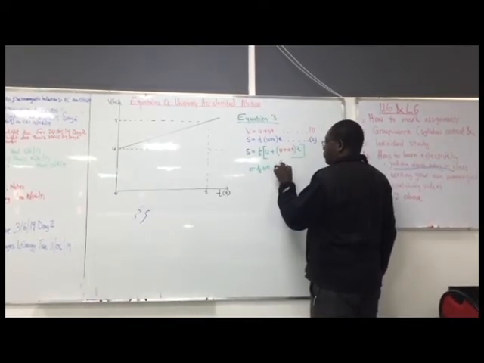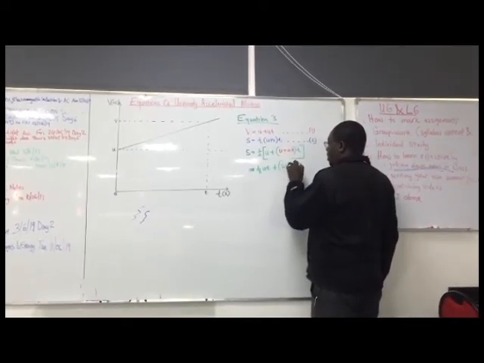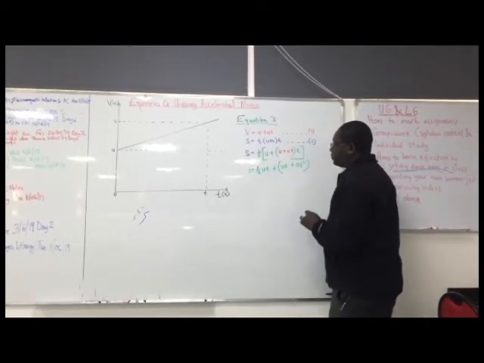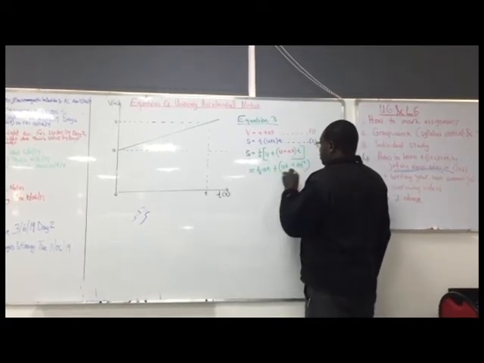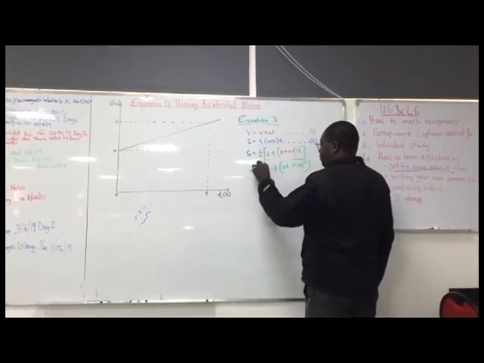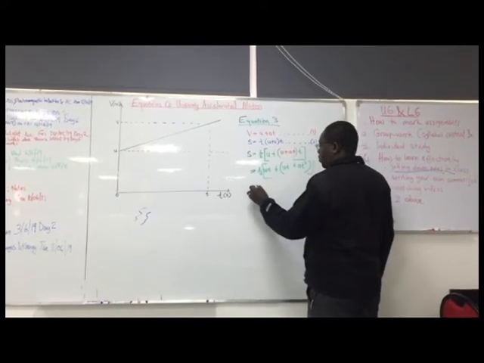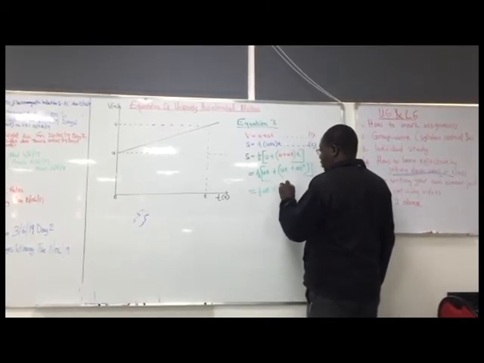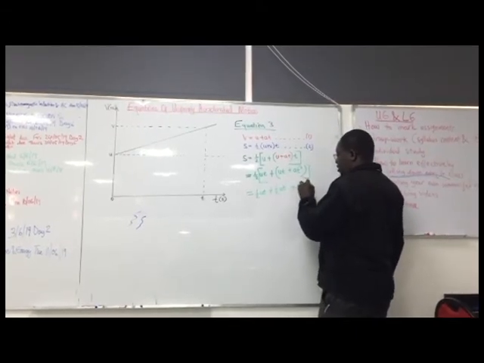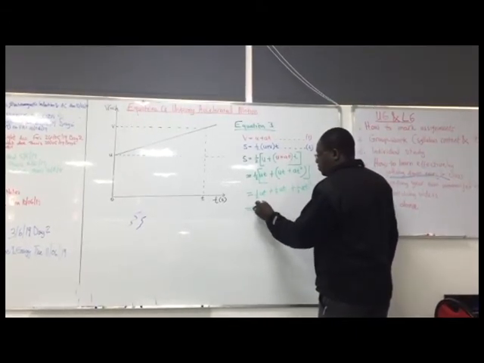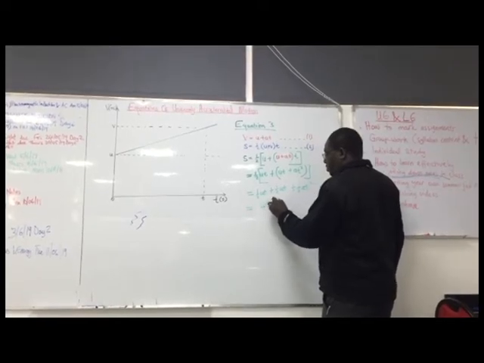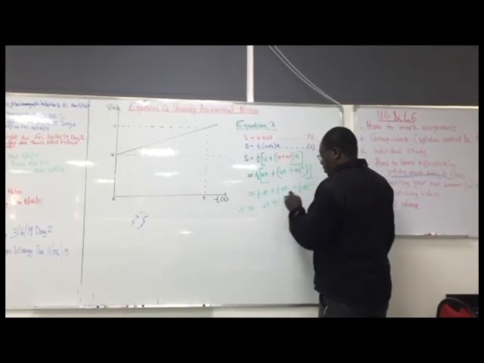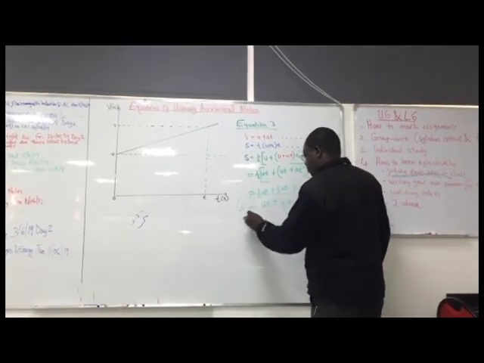Now we have ut plus at squared. Then we close the bracket. Remember this half multiplies everything, so it's going to give us half ut plus half ut plus half at squared, which then becomes ut plus half at squared. So that is our equation number 3.